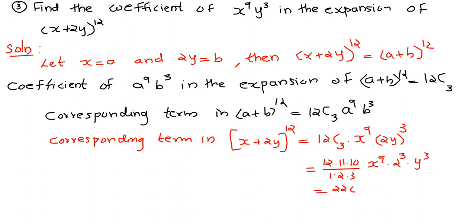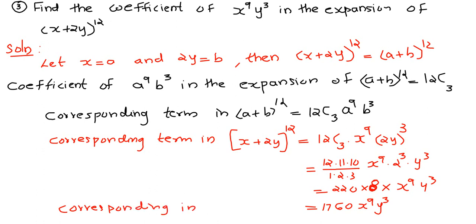220 ഇൻറ്റു 2 cube 8 അല്ലേ, 220 into 8 into x raised to 9 y cube, അപ്പോ 1760 x raised to 9 y cube. ഏതിന്റെ corresponding term in the expansion of (x plus 2y) the whole raised to 12 is 1760 into x raised to 9 y cube. ശരിയല്ലേ? അപ്പോ x raised to 9 y cube ന്റെ coefficient എന്താണ്? 1760 അല്ലേ?